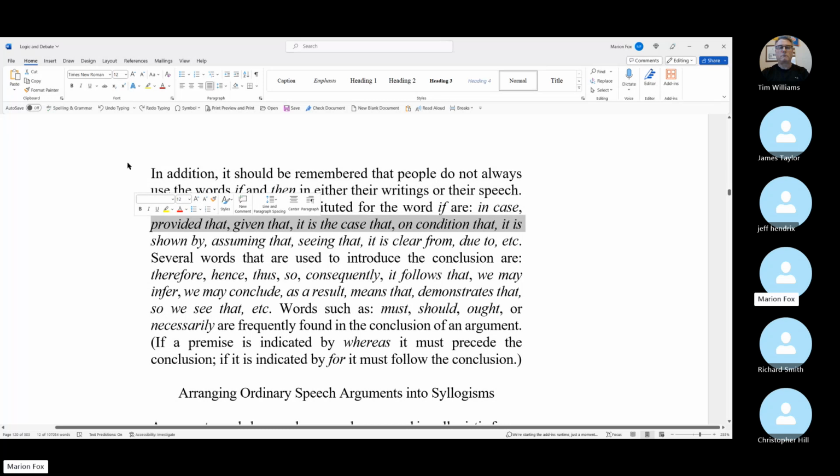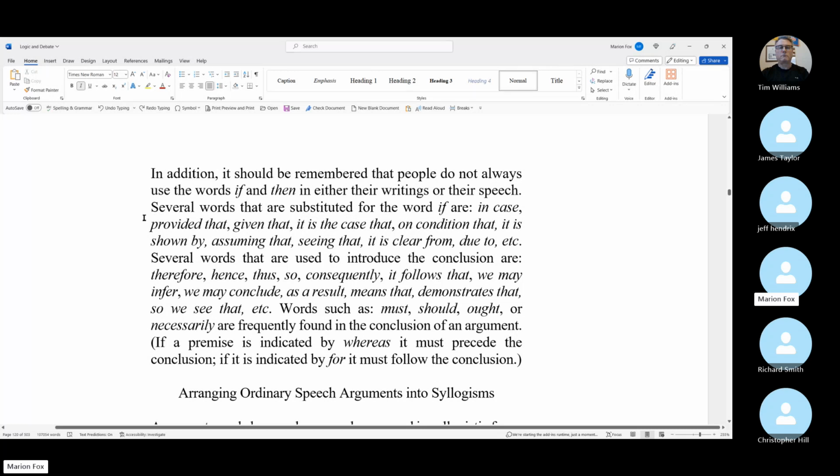Several words that are substituted for the word if are: in case, provided that, given that, is the case that, on condition that, it is shown by, assuming that, seeing that, it is clear from, due to, and so forth. These are just some words. I picked these up out of logic books.